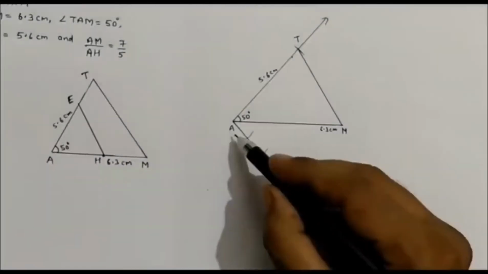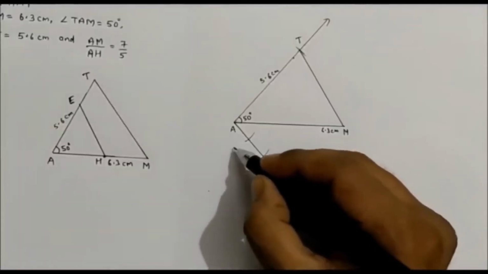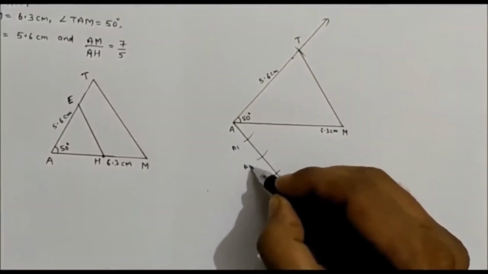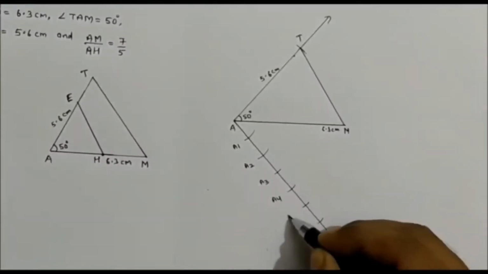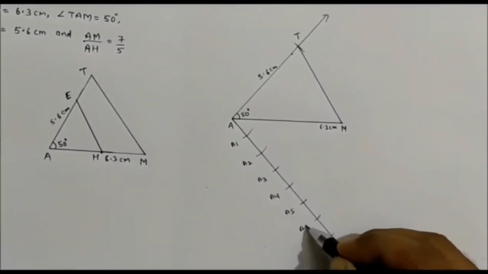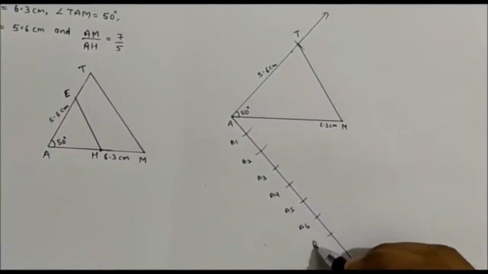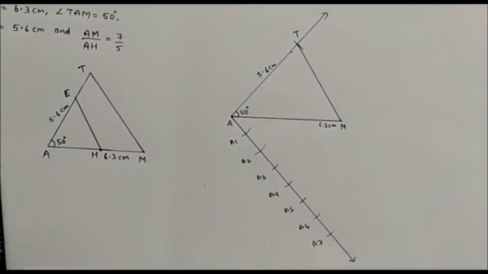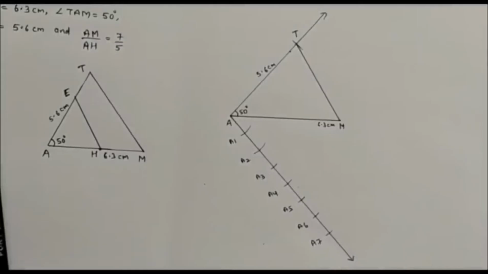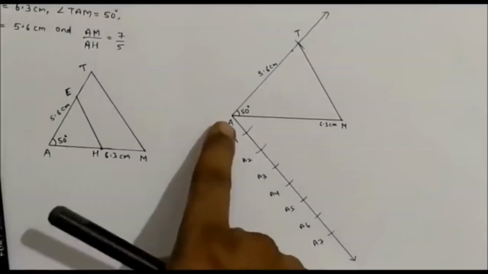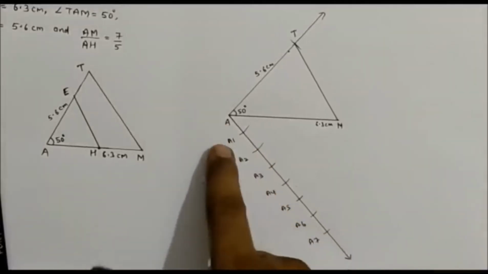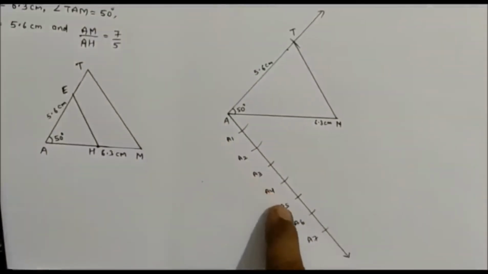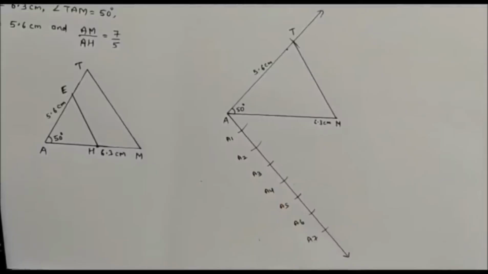So these are the 7 arcs we have cut, and this is point A, so you can mark it as A1, A2, A3, A4, A5, A6 and A7. Okay, do this. So from this point A, we have drawn an acute angle and divided it into 7 arcs. 1, 2, 3, 4, 5, 6, 7.